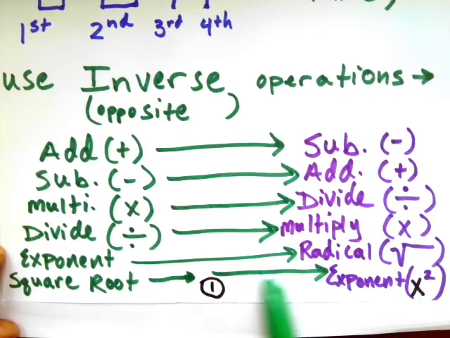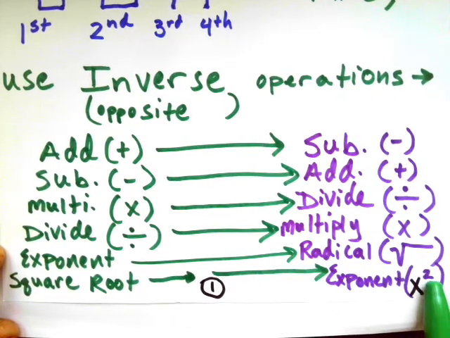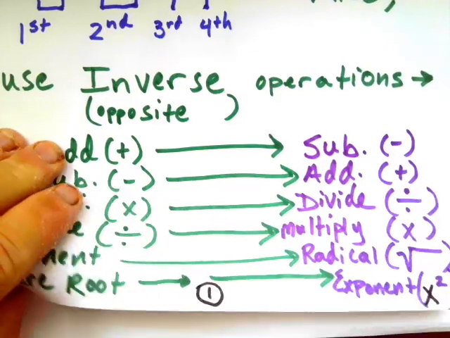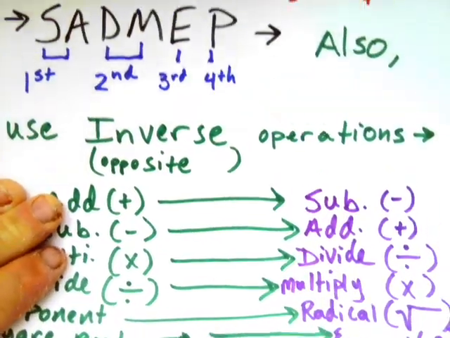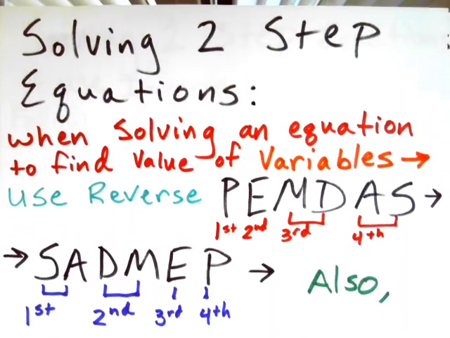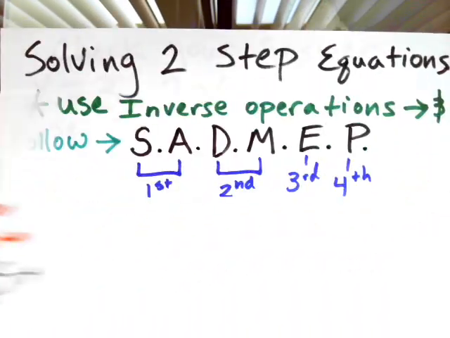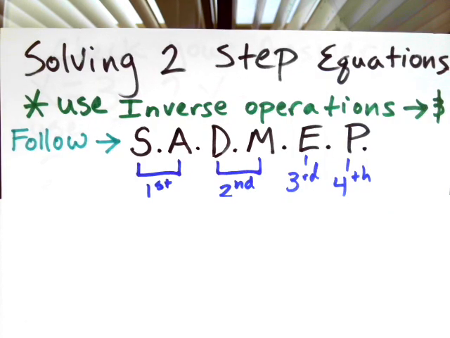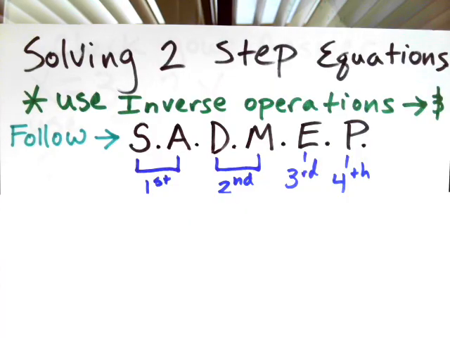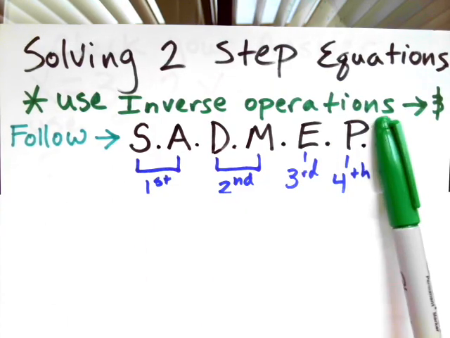The opposite of square root is to take the squared, the exponential value of 2. And so these are just some really good reminders. I'm going to try to remind you in each of these videos fairly briefly what to do in the inverse operation. So let's go ahead and solve these two-step equations using inverse operations.